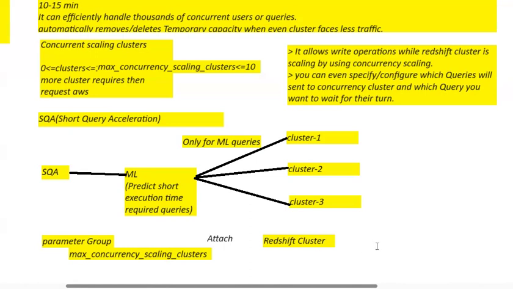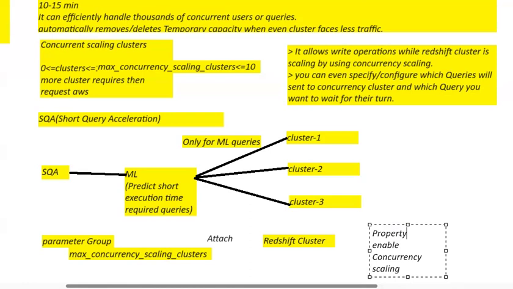After that, you have an option called enable concurrency scaling. Under this cluster, you have a property called enable concurrency scaling that you need to enable.